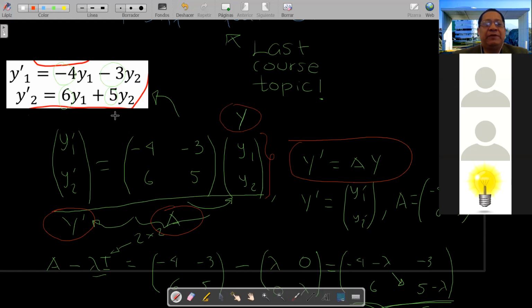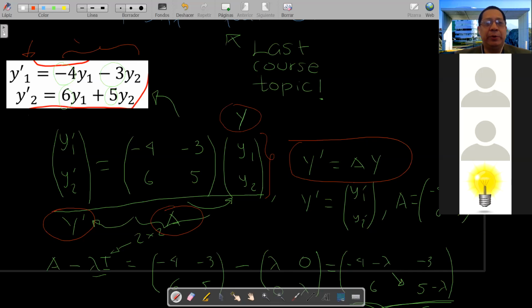The coefficient matrix is easily obtained directly from the system of equations once the equations are ordered according to the variables. That means on the left side you will have the derivatives, and on the right side you order the terms however you want, but you need to order the equations.